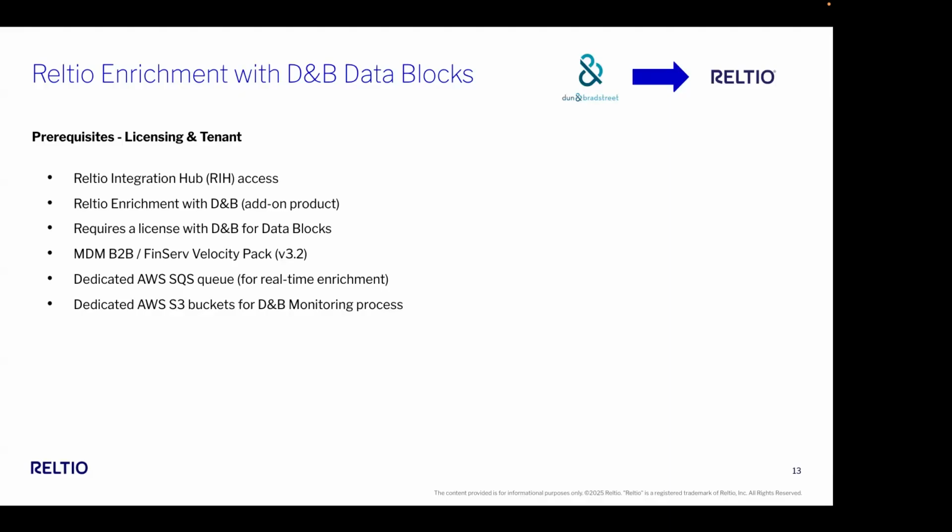And for those customers who are also licensed for monitoring, which typically involves sending notification files for any updates to your monitored elements, these will be tracked to an S3 bucket. So you would also need a dedicated AWS S3 bucket, specifically for those customers licensed for the DNB monitoring process.